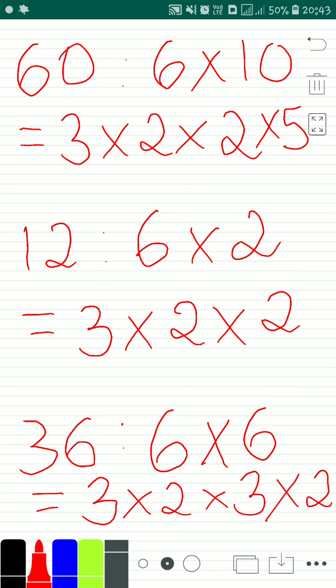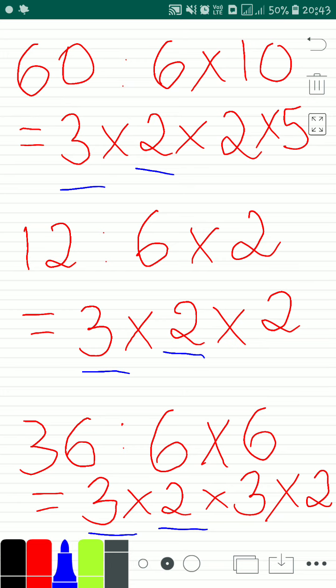Now we have to find the numbers which are common, that is 3. 3 appears in all, so we will take 3. 2 also is coming in all, so we take the 2 also. 2 again is appearing, so we take 2.